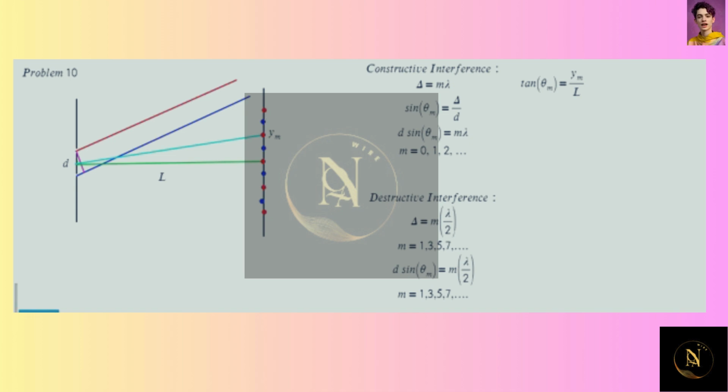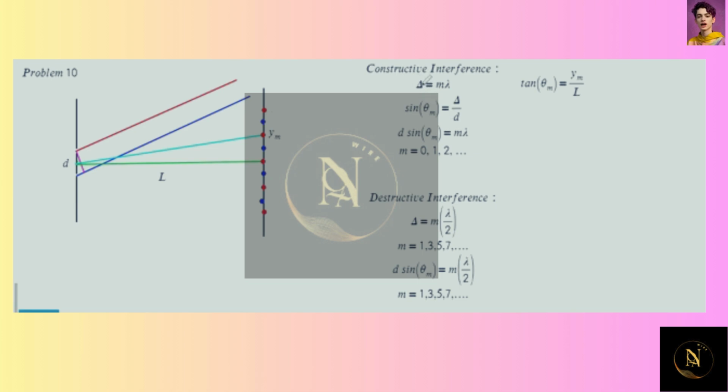In the intermediary points, they are not going to be completely out of phase, and they're not going to be completely in phase. So that's why we're going to see wider bright fringes and narrow dark fringes here, because the only time we're going to see a dark fringe is if they are completely out of phase, and that only happens at these points.